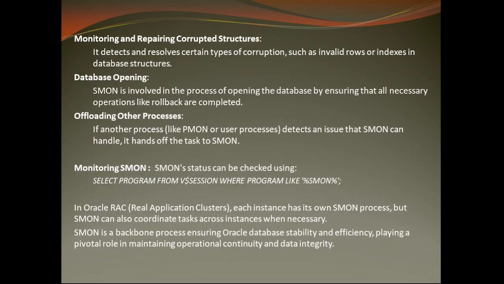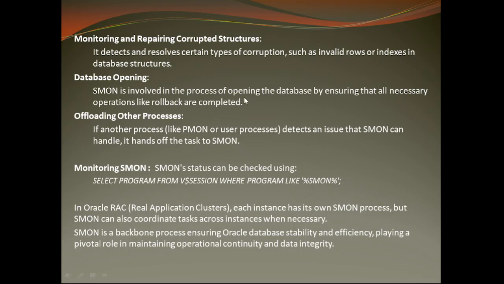Monitoring and repairing corrupted structures. It detects and resolves certain types of corruption, such as invalid rows or indexes in the database structures. So it resolves the issues with invalid rows or indexes as well. If those are invalid or corrupted, it makes the correction in them. Database opening.